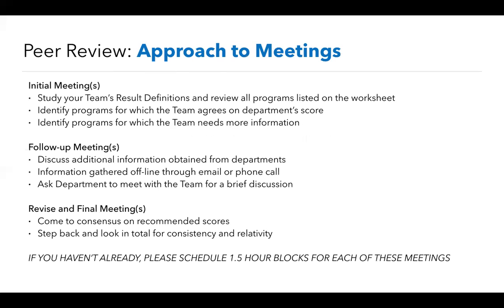When you come back to that second meeting, have some information from the divisions where you had questions so that you can have a more informed discussion. And then that third meeting is where we need to just make sure that we have a peer review score in the template so that you can send it back to Krista and Terrence and it can be uploaded.